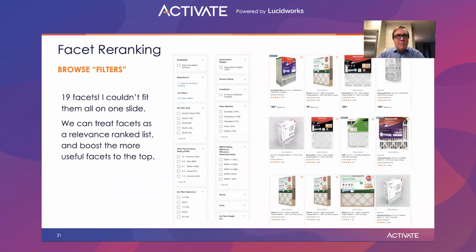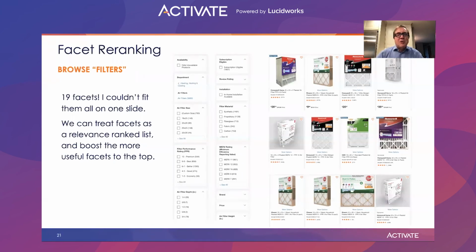So here's an example of browsing a category of filters. These are actually air filters for furnaces and so on. I did this browse, and I'm showing you in two columns here the refinements that were presented to me. Actually, it's one long column, but I cut it part way just to show you how many there are.